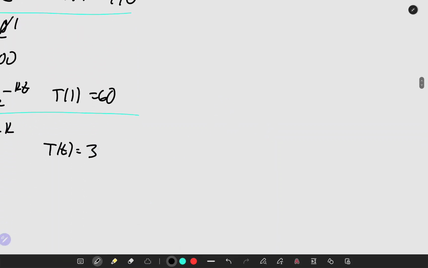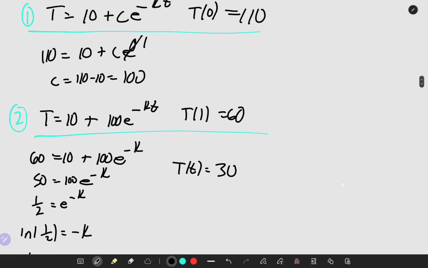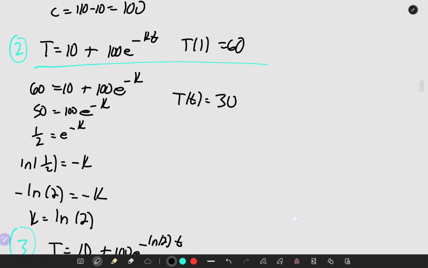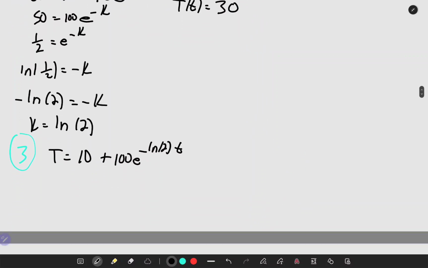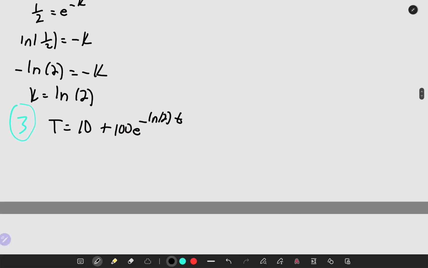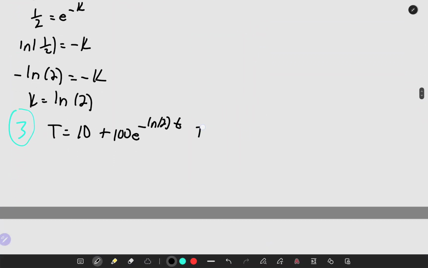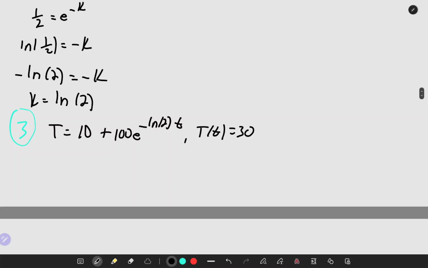So we're going to find out how long it takes for it to cool to 30 degrees. Well, what am I doing? This should be down here. So now we have temperature is 30. Time is t.